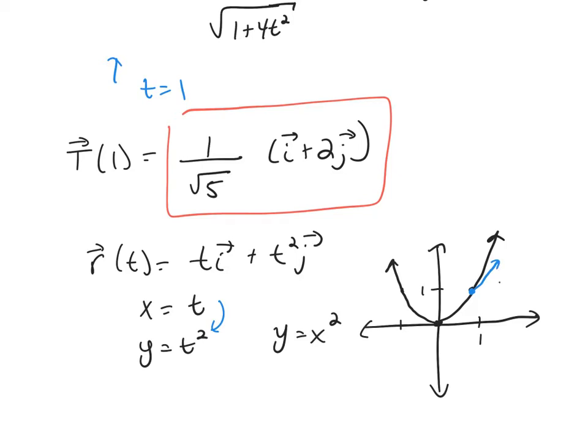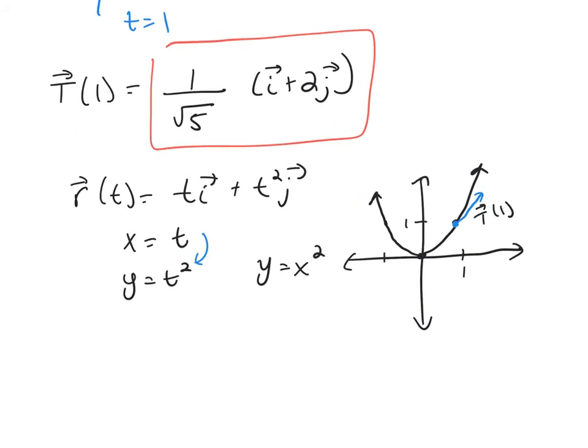So this would be T of 1. And so it's kind of the analogous idea of a tangent line, but instead it's a vector. It's a tangent vector and it's a unit vector.